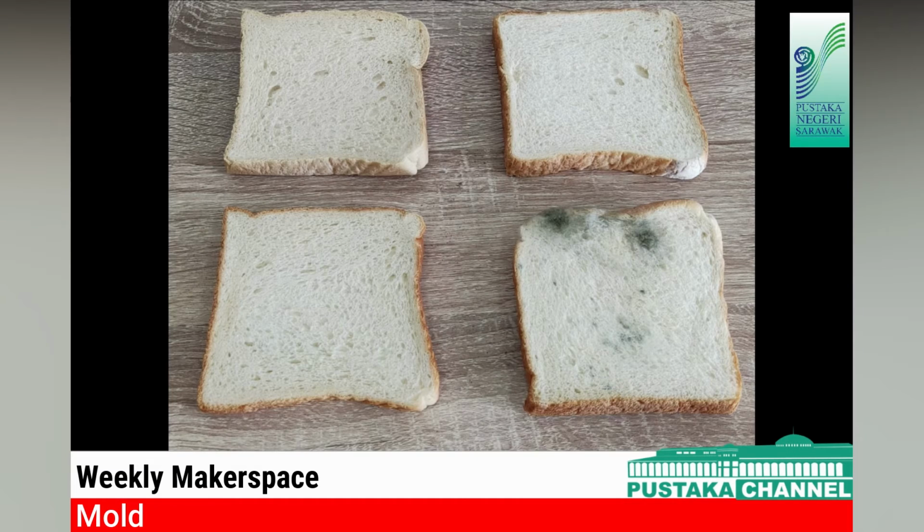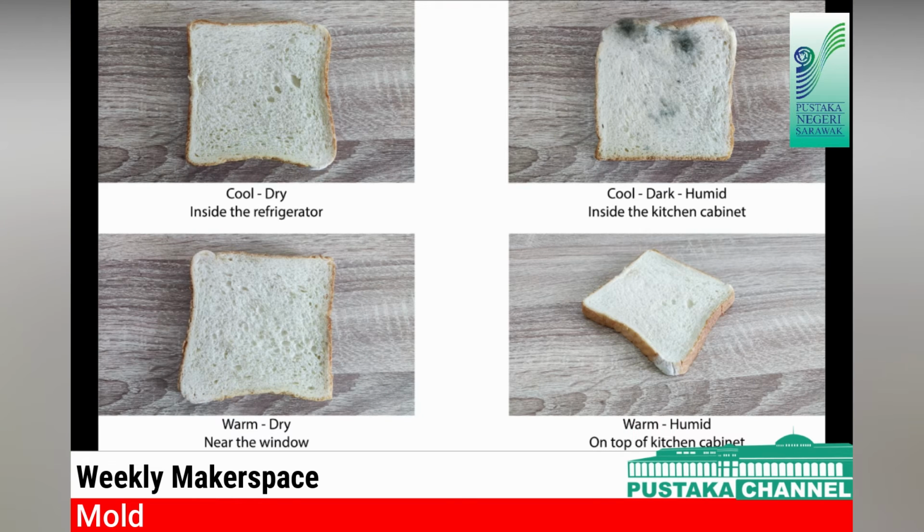This is the result 1 week after the expiration date of the bread. You can see that some of the bread have mold growth and some do not have any mold growth. The breads that were placed in direct sunlight and in the refrigerator do not have any mold growth.